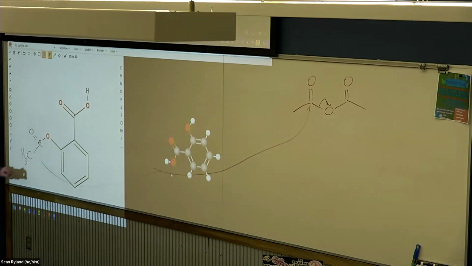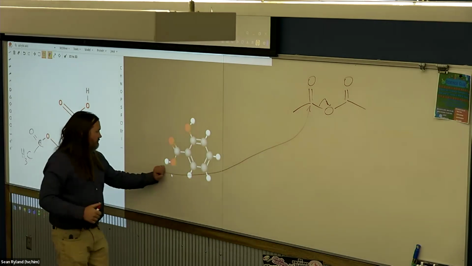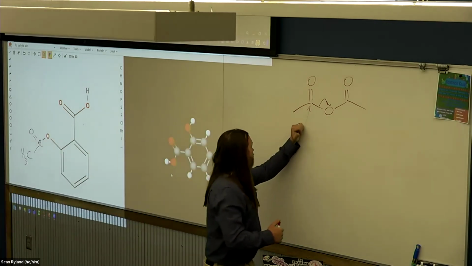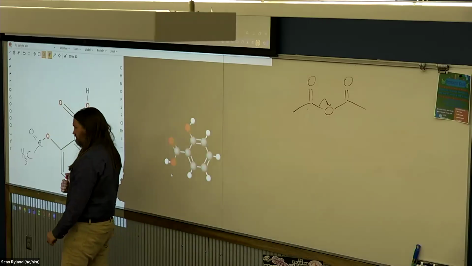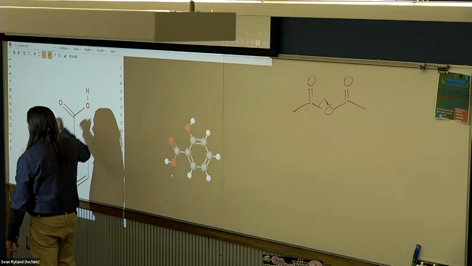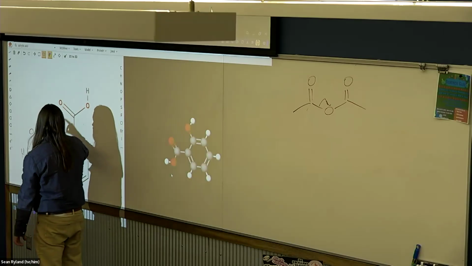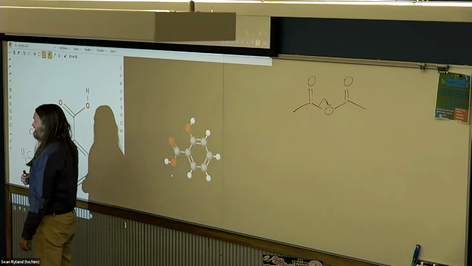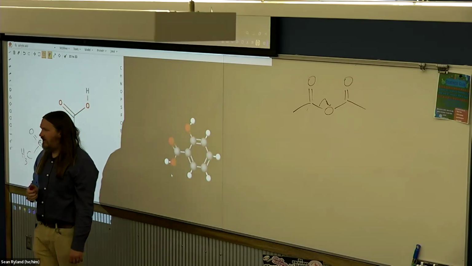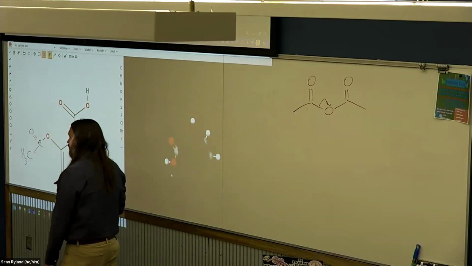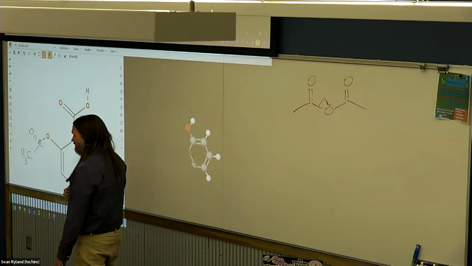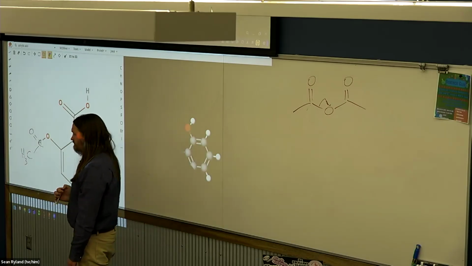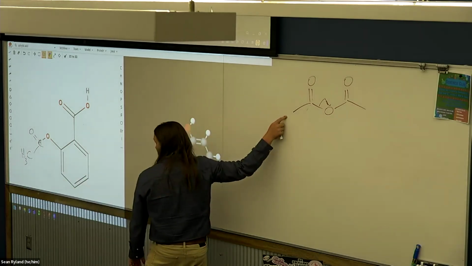What functional group is that? Ester. So we went from an acid anhydride to an ester, and we left this one home. Is that downhill in energy? Is an acid anhydride more reactive than an ester, or about the same, or less reactive? Less. Oh, wait, no. The anhydride is more reactive.